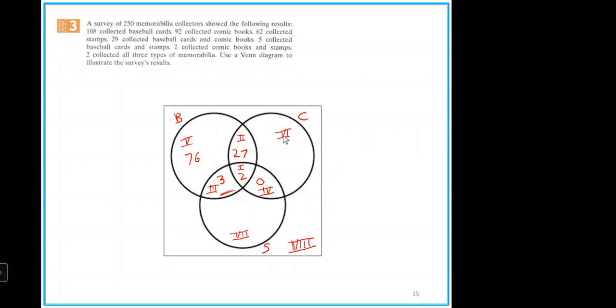Two. Okay, let me hear how you get that 2. So 92 collected comic books. So we have to add the 27 plus the 2. Oh, sorry. 90?